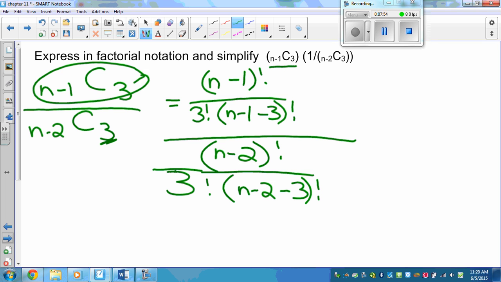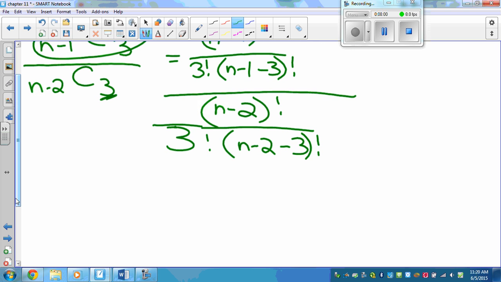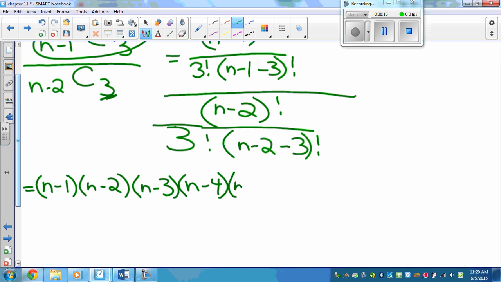Okay, and now we need to simplify. So that n minus 1 factorial is n minus 1 times n minus 2 times n minus 3 times n minus 4, n minus 5, and it's going to keep going till 1.